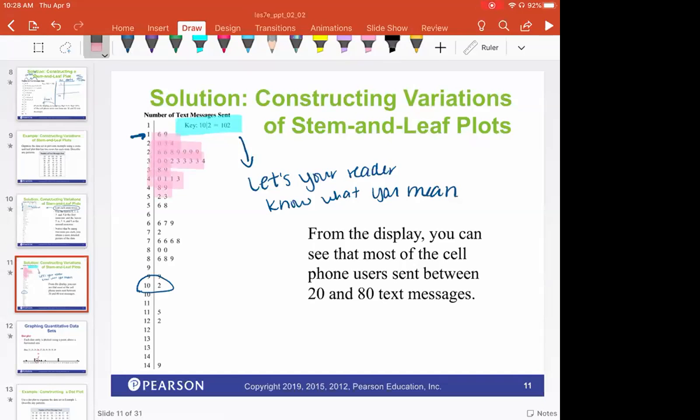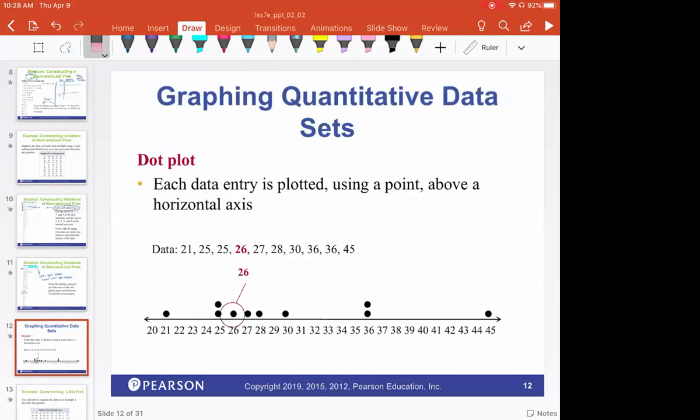Another way we can have that similar representation is with our next slide, a dot plot. In a dot plot, each data entry is plotted using a point above a horizontal axis. So think of this as your stem and leaf on its side. But instead of plotting a number, we're just keeping track of how many we have for this number.